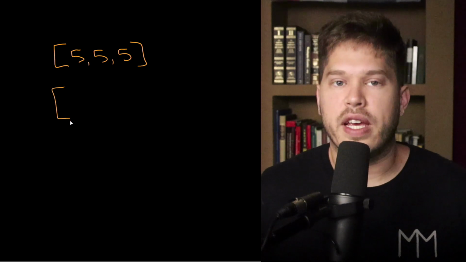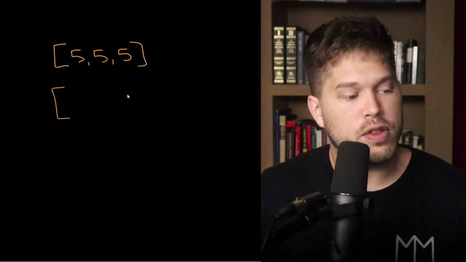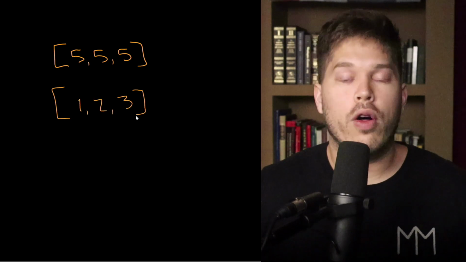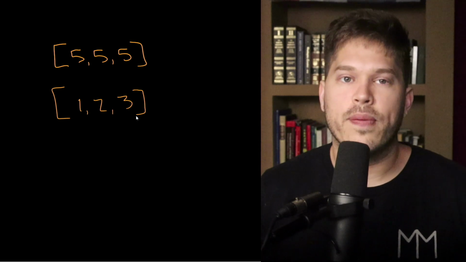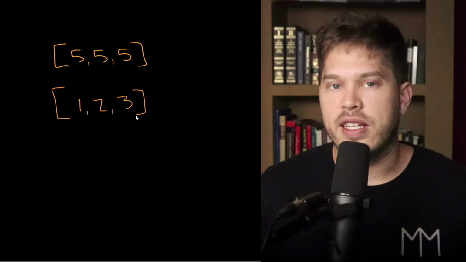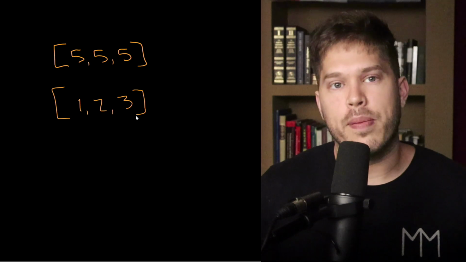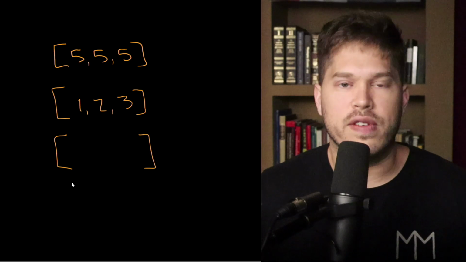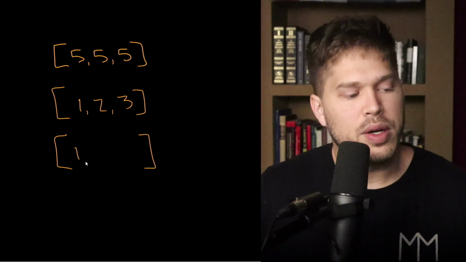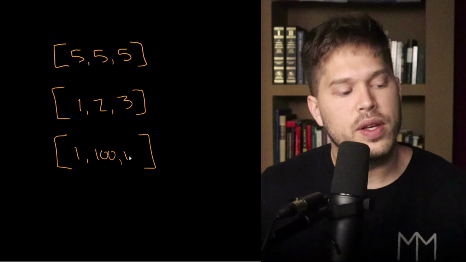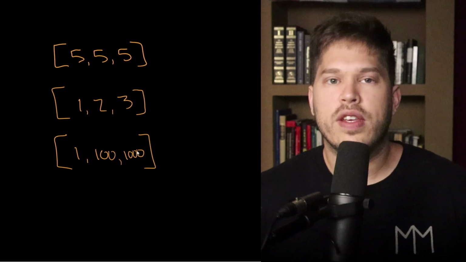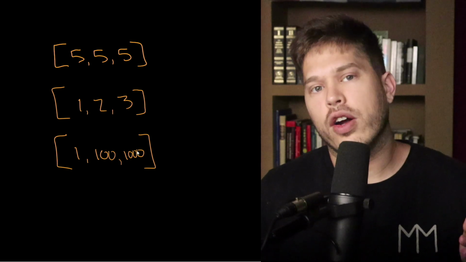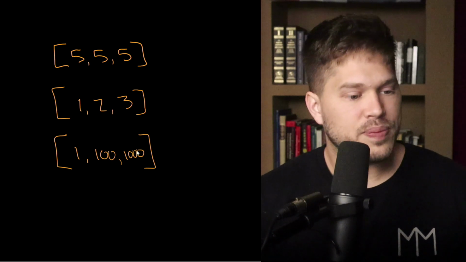A standard deviation that is small but larger than 0 would be something like 1, 2, 3, where all the numbers are really clustered together, but they're not identical, so there is some spread amongst the numbers. And a set of values that would have a large standard deviation would be something like 1, 100, 1000. Here, these three numbers are really spread out, so you're going to have a large standard deviation.